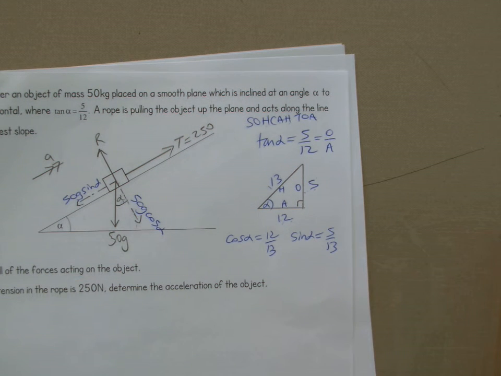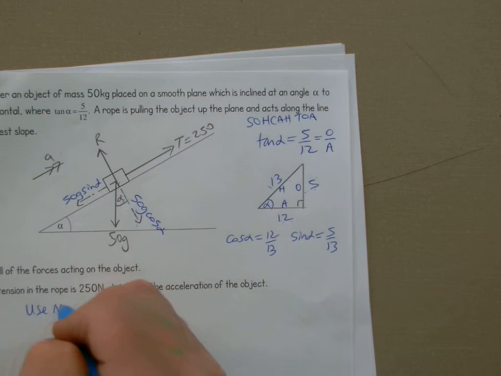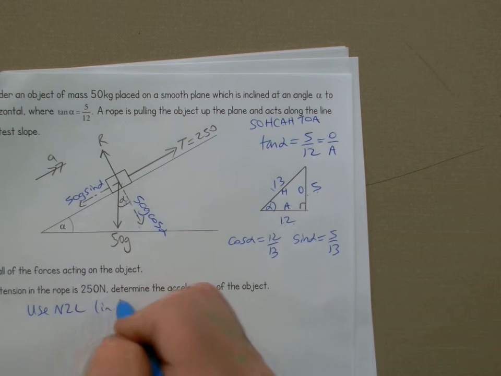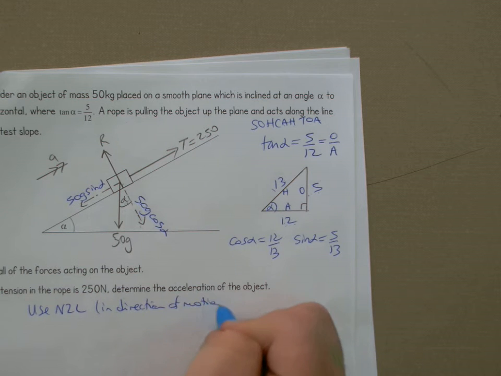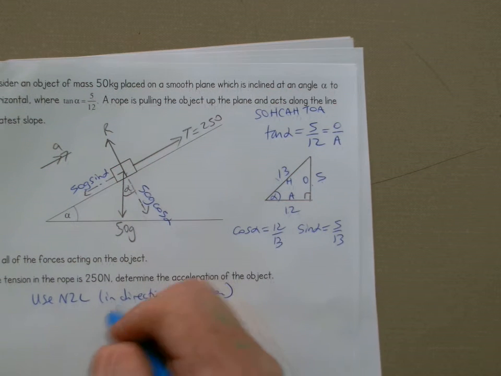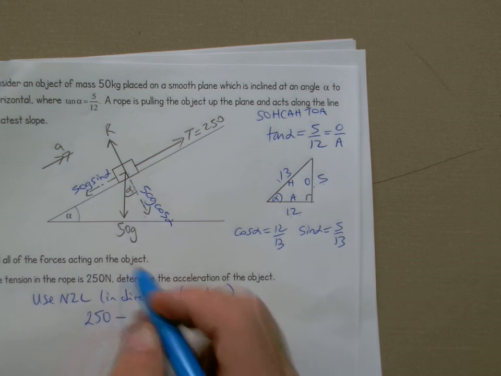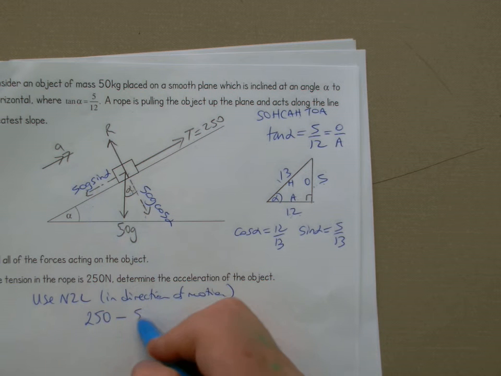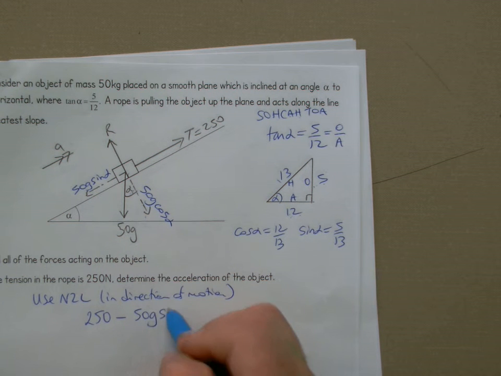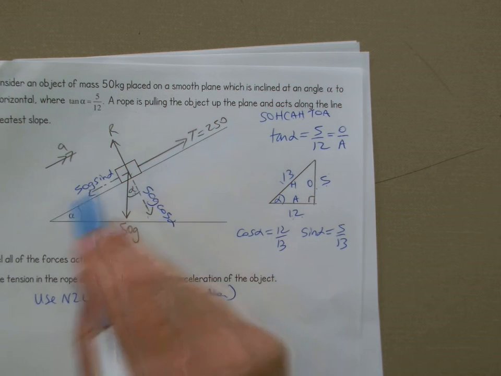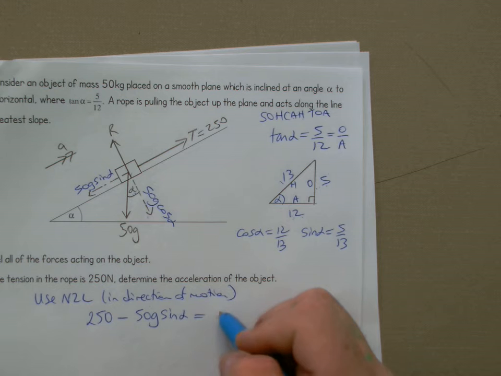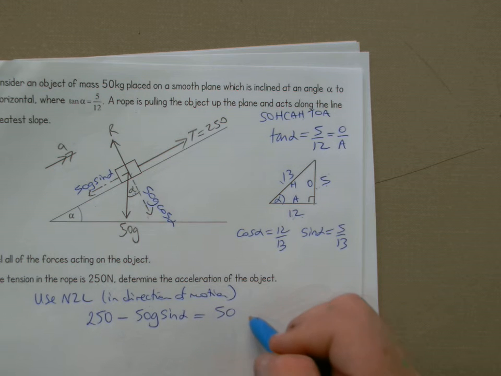So now, when I use Newton's second law in the direction of motion, we've got tension in the rope, which is 250, taking us up. Take away then the weight component, which is 50g sine alpha, parallel to the plane, so you've got that going up, that going down, resisting it, equals mass times acceleration.